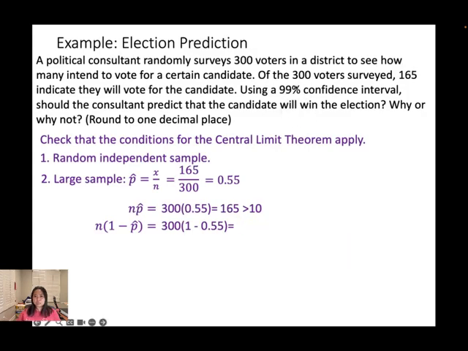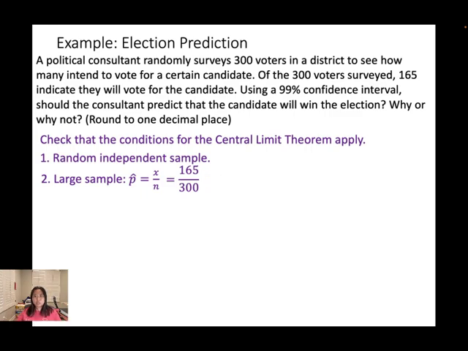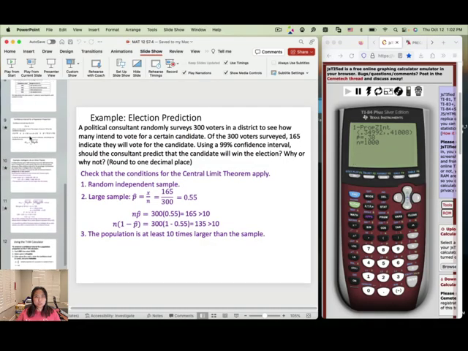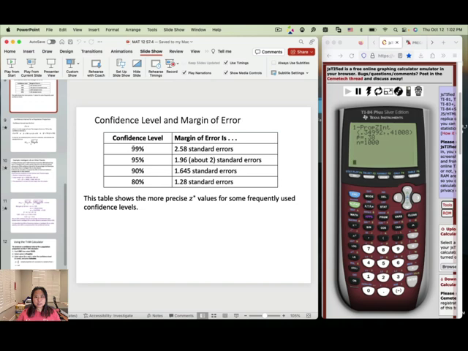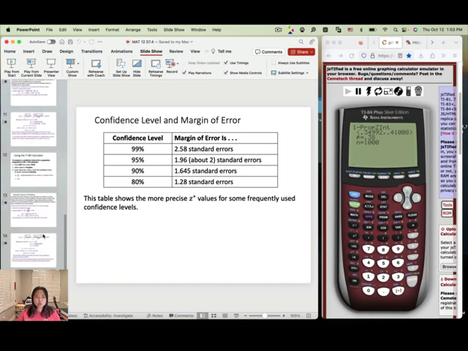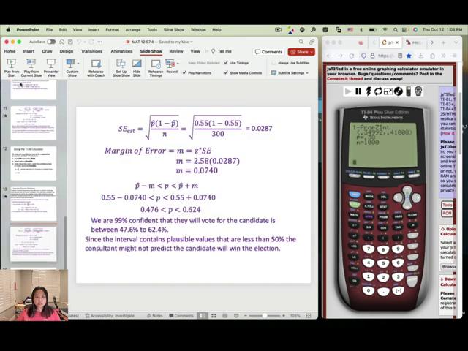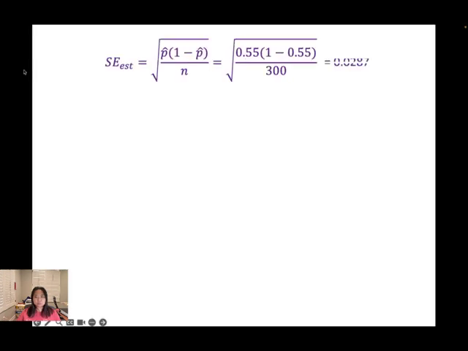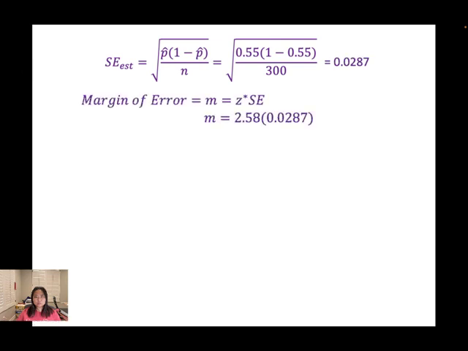So we go back to check the table. 99% will be 2.58. The z star will be equal to 2.58, times 0.0287. So you get 0.0740. That is the margin of error.